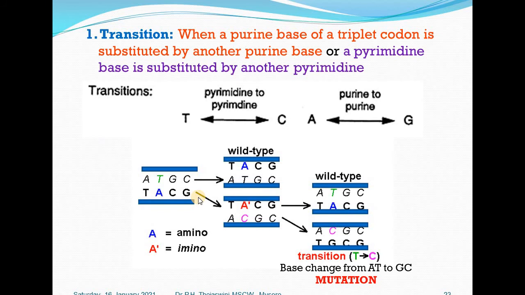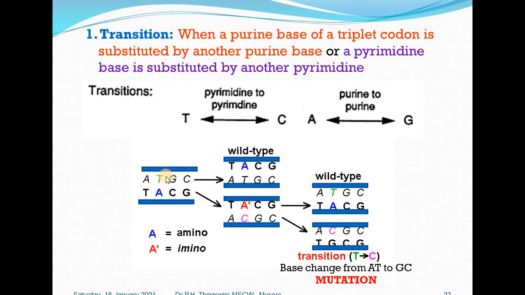Let us see how exactly this is brought about. Again, to brief up, when a purine base of a triplet codon is substituted by another purine base, this is called transition. Likewise, if a pyrimidine is substituted by another pyrimidine, it is also called transition.